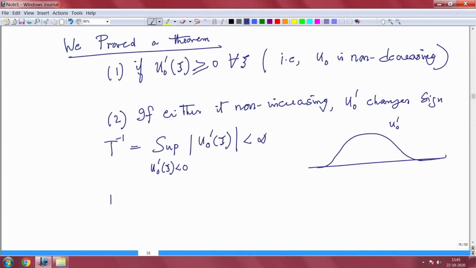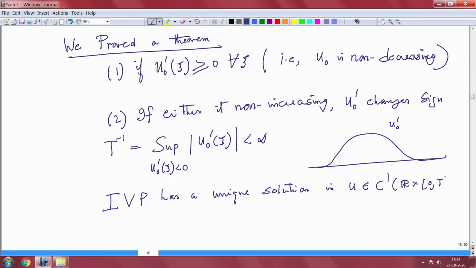Then the initial value problem for this case has a unique solution up to t, a unique solution u in C1 of R up to t. After that it will have some 0 to t, by that time it starts.